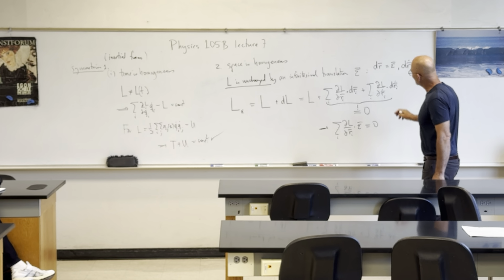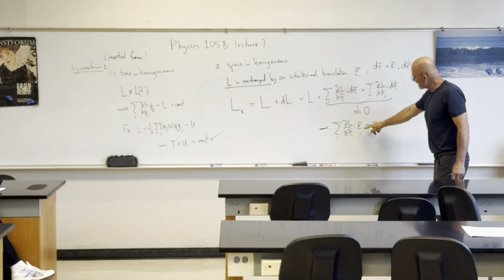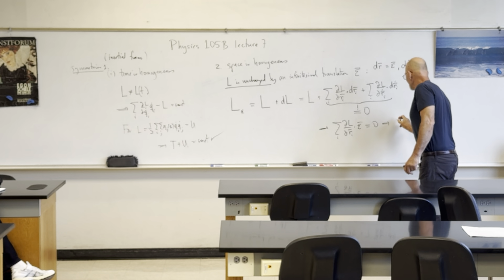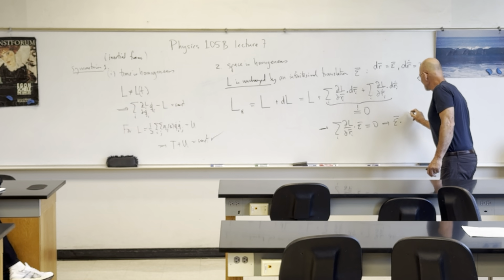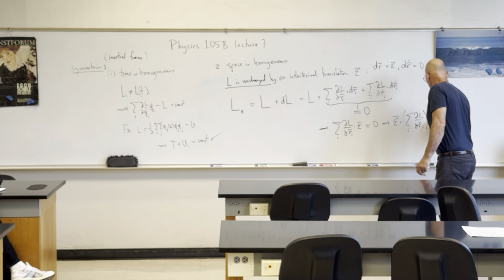But the point was that the whole thing is translated by epsilon, so the epsilon doesn't carry a subscript. So because of that, we've got epsilon dotted into the sum of partial L partial r_i is equal to 0.